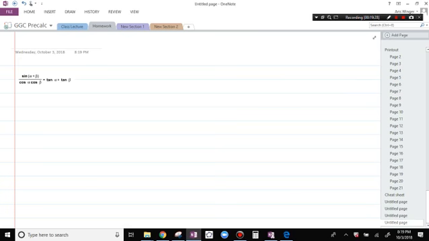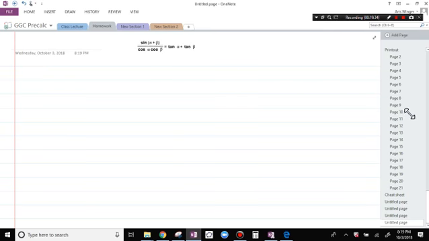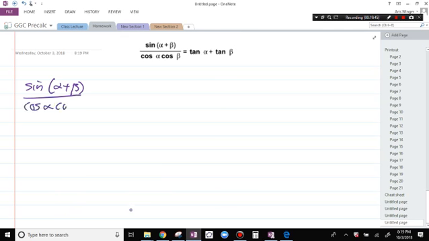Okay, so then we'll start on the left. So sine alpha plus beta over cosine alpha cosine beta is equal to, and these things are called sum and difference identities.